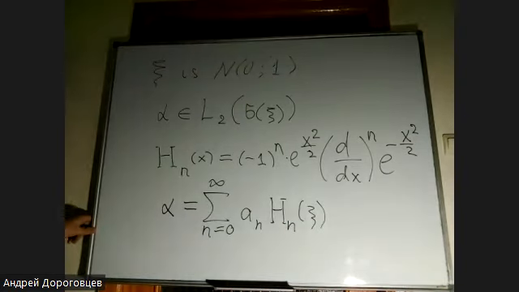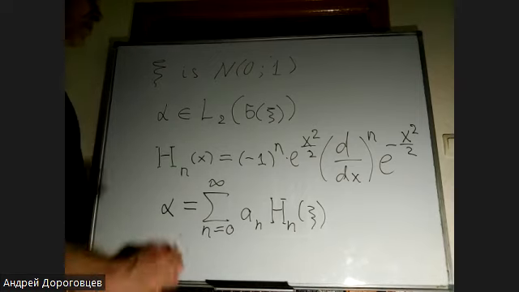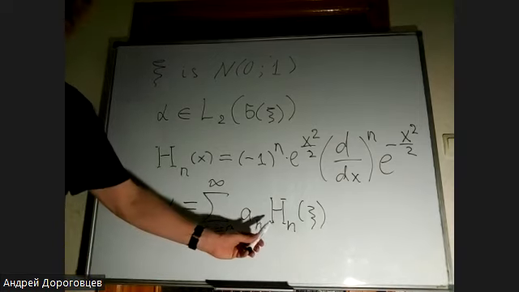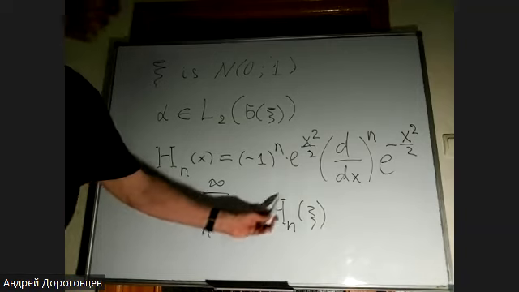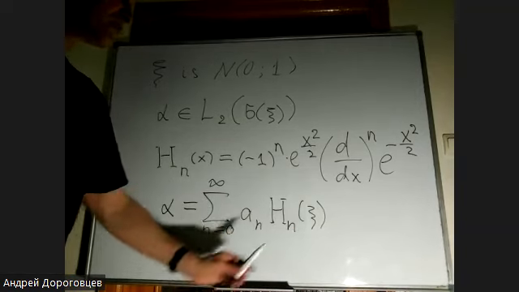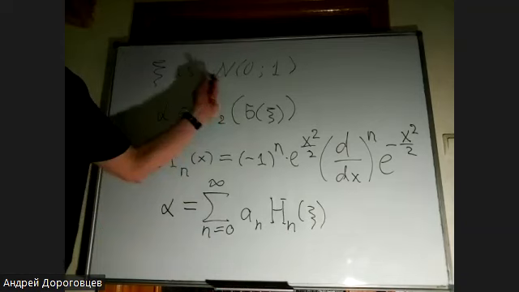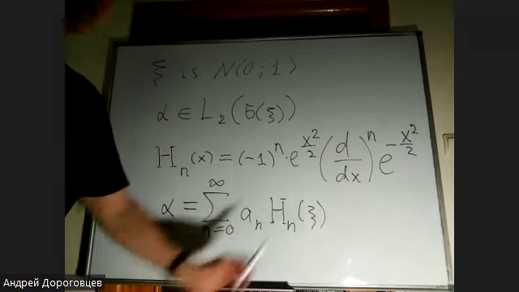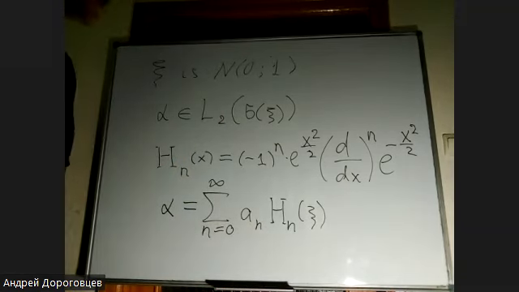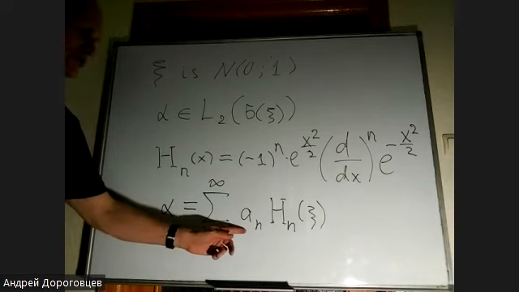Corresponding summands are orthogonal, and moreover, we know that the quadratic norm of this Hermite polynomial of the standard normal variable psi is equal to n factorial in 1/2 power.